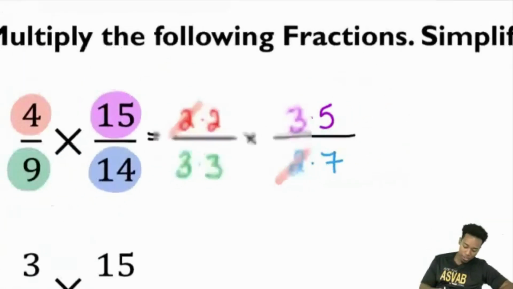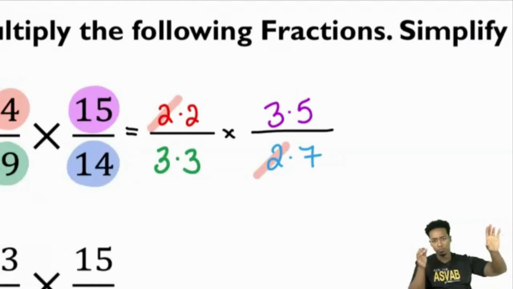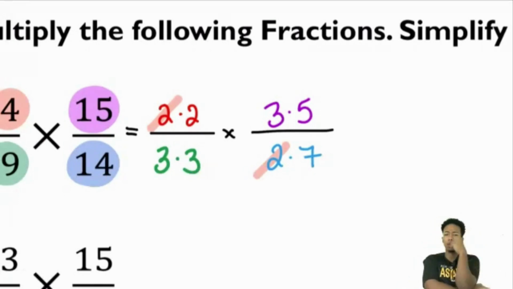Everybody, is it fair to say the rule we just learned for multiplying fractions is you multiply the numerators and you multiply the denominators? True or false? Is that not what we said? Okay, so if you're confused about that, then watch this.